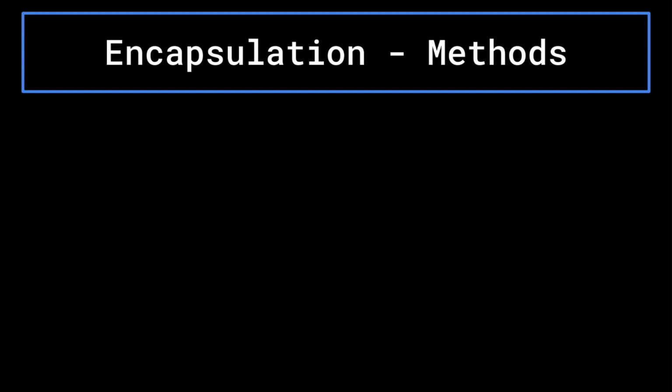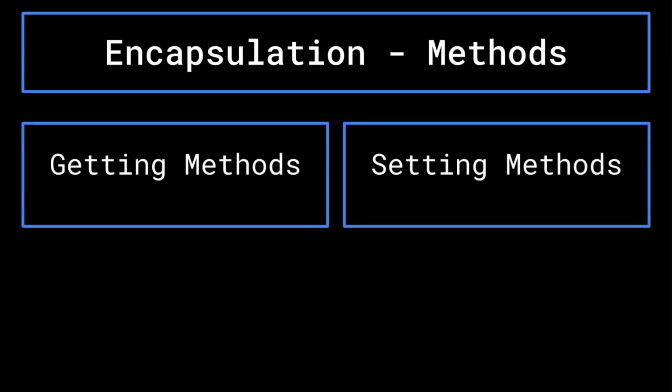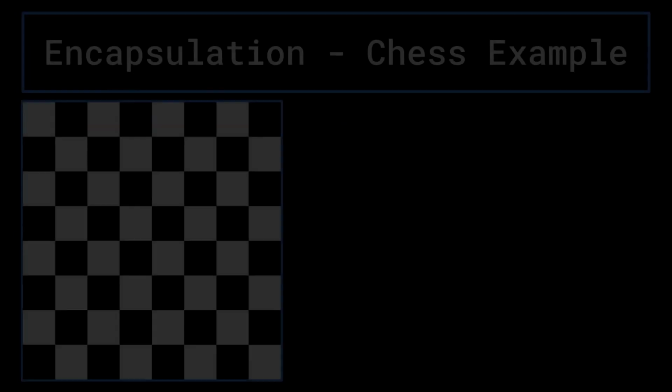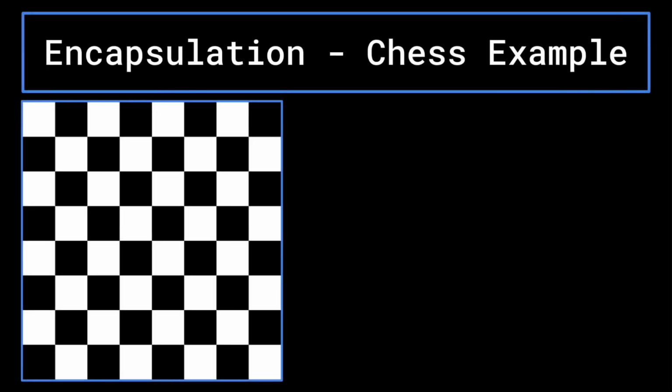In practice, one way this tends to work is by creating getting and setting methods. These methods act to either get information from an object or to set attributes to a different value. For instance, think back to the chess example from the previous episode. If I was moving one piece and I wanted to determine whether it was able to capture another piece, I would need to check if the second piece has the opposite color to the first.